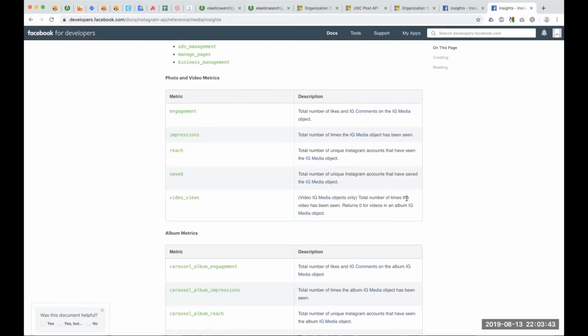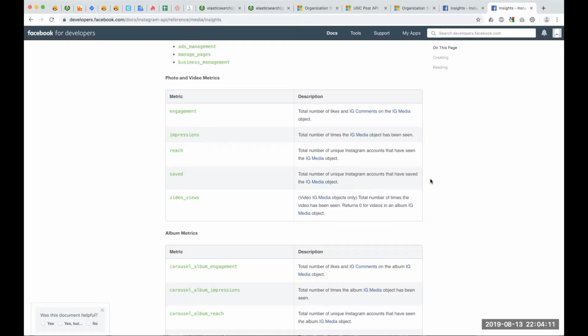So the insight metrics for Instagram posts are engagement. So the engagement is the total number of likes and comments on the object. The impressions, the number of times the object has been seen. The reach, the number of unique accounts that have seen the object.